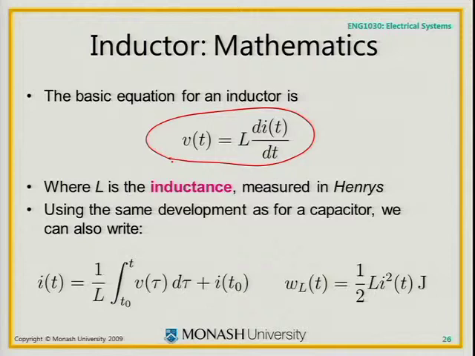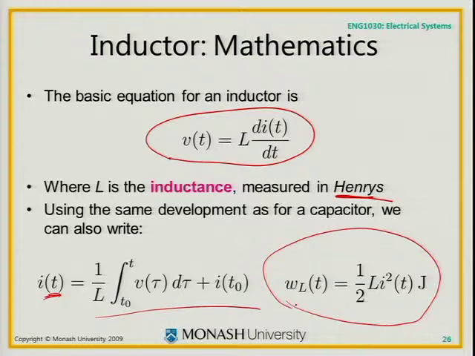So L is the inductance, and it's measured in one of the best named units you've ever heard, the Henry. So inductance is measured in henries. Using the same things that we did for the capacitor, if V is L times the time rate of change of current, then the current will be the integral of the voltage. We're going to have to integrate voltage if we want to look at the current. And the energy stored: when there's a current I through an inductor, there's an energy stored in a magnetic field, a half L i squared.